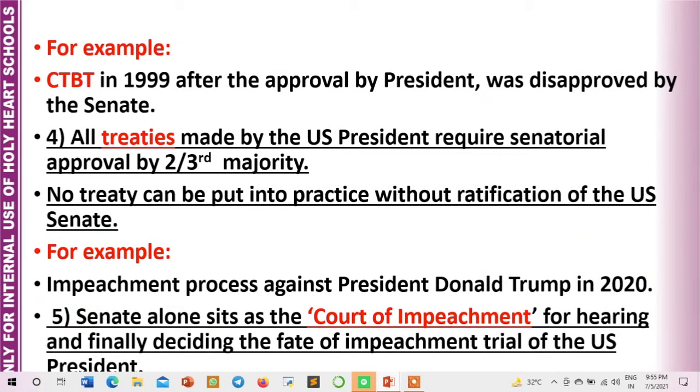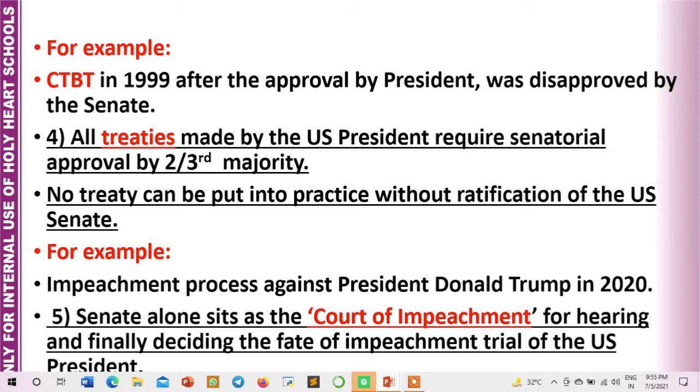The next example of how the US Senate checks the president is the CTBT, the Comprehensive Test Ban Treaty, which in 1999, after approval by the President, was disapproved by the Senate. You see, it's very important to see. The President approved, but the Senate disapproved. So, what does it mean?